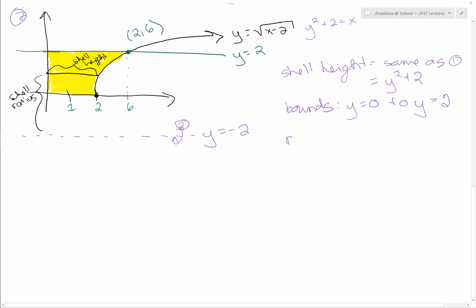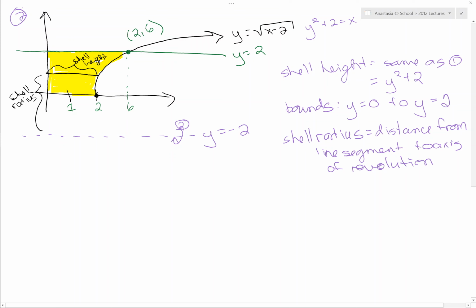And last, we need to find our shell radius. Now this is where we get something different because the shell radius is always the distance from our little line segment to the axis of revolution. So if the axis of revolution changes, then the shell radius will change.